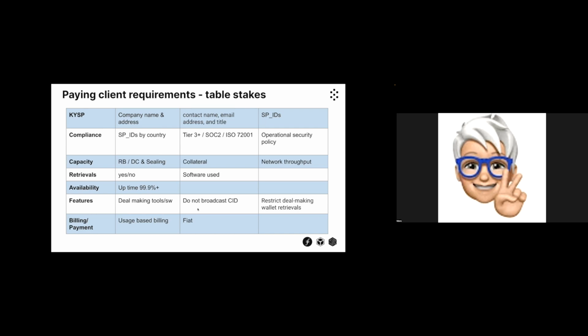Again, these are just the features we're looking for. Billing, do you have the ability to do usage-based billing? And what payment capabilities do you have? Is it strictly fiat? Is it other currencies? Is it FIL, whatever, but for the most part, customers just want to pay fiat.